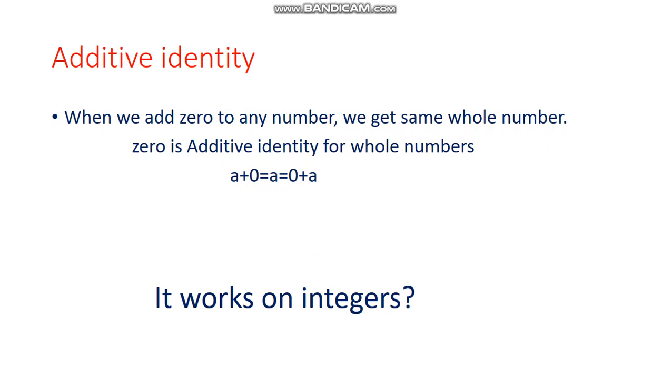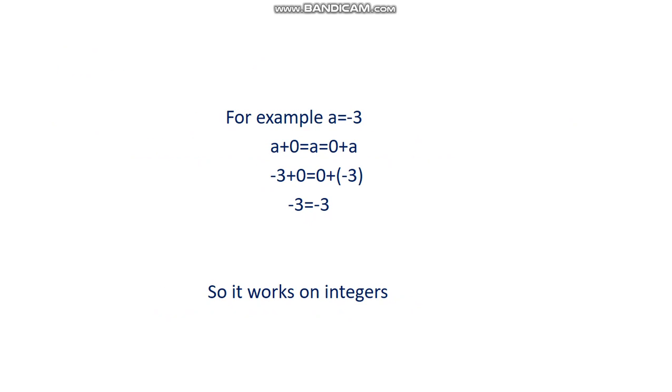In whole numbers, adding 0 gives the whole number only. In the case of integers, for example, a is equal to minus 3, additive identity says a plus 0 or 0 plus a is equal to a. We take minus 3 plus 0 or 0 plus minus 3. So minus 3 is equal to minus 3. So it works.